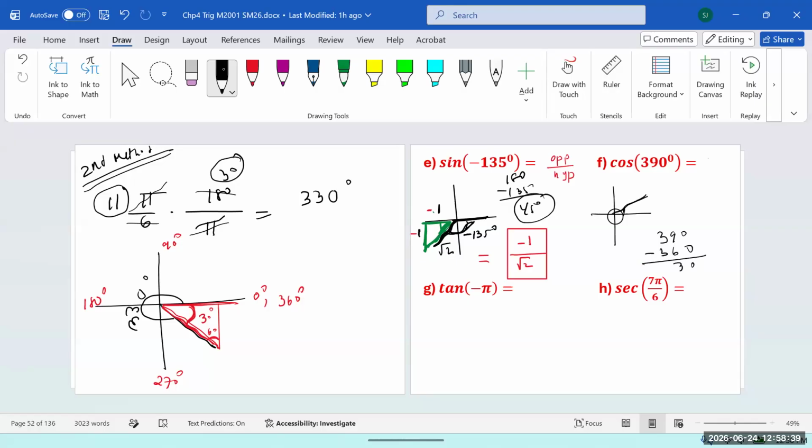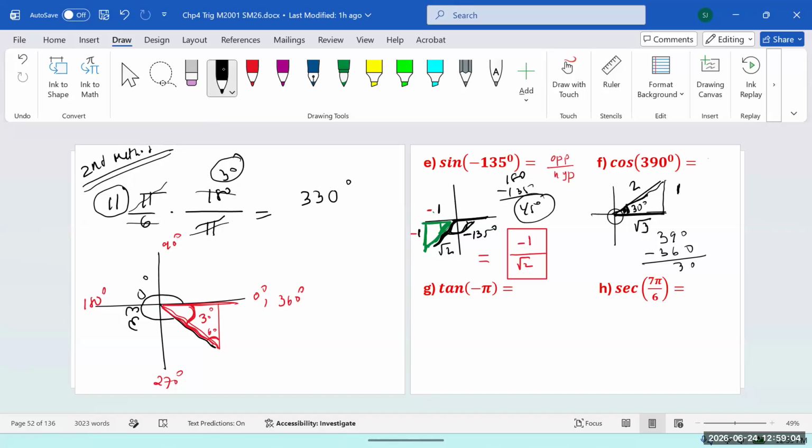So this angle here is 30 degrees. So we have 30, 60, 90. What's the opposite of the 30 degree? 1. The hypotenuse is 2. And our x value is square root of 3.